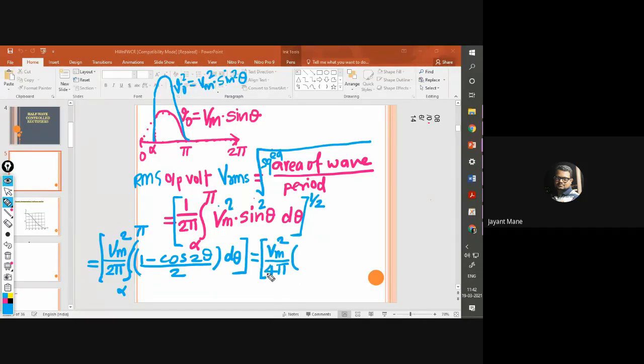This whole is under root. I use another color so that it will be very easy to identify. I'll use black color now. So it becomes Vm square by 4 pi now.